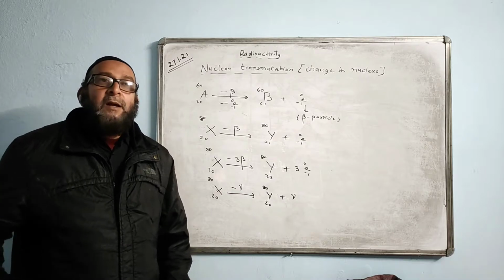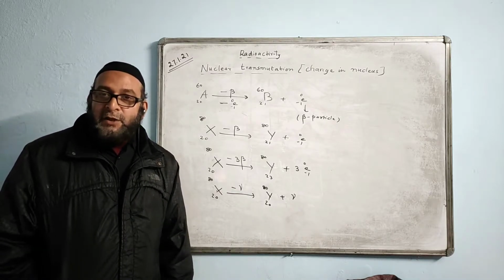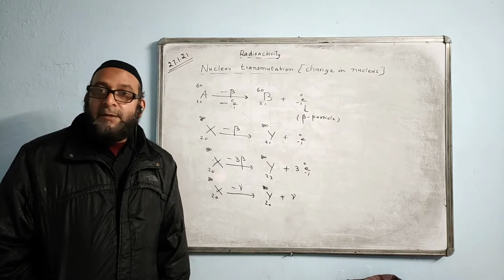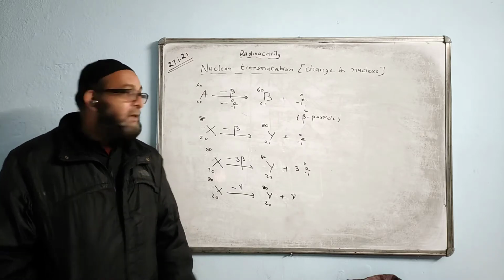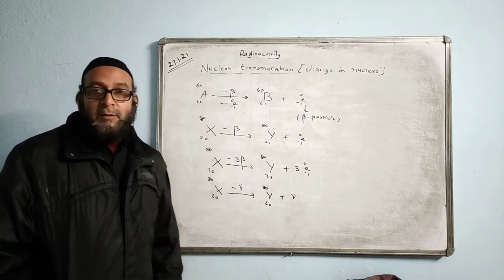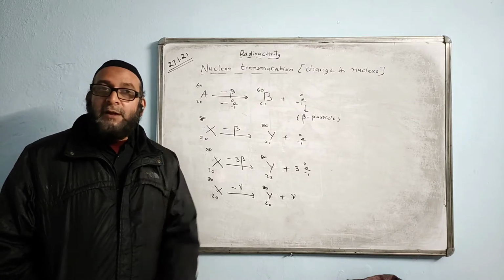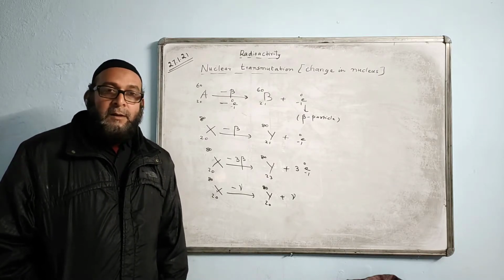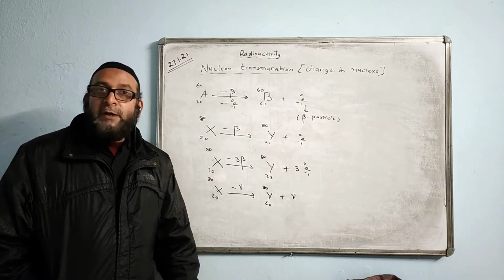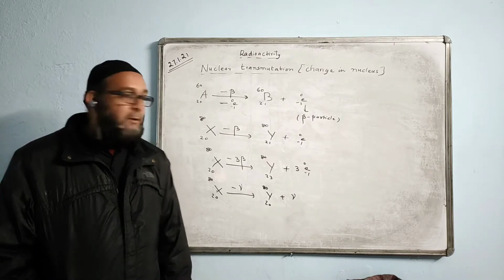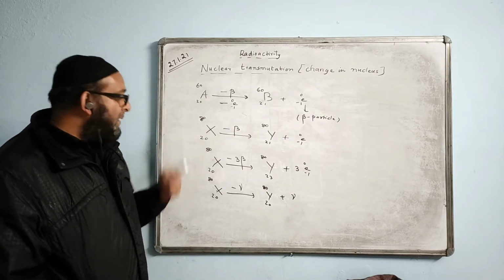A question may come as, during the emission of which radiation does the mass number change? We say alpha. Or, during the emission of which two radiations does the mass number not change? Mass number does not change in beta and gamma.